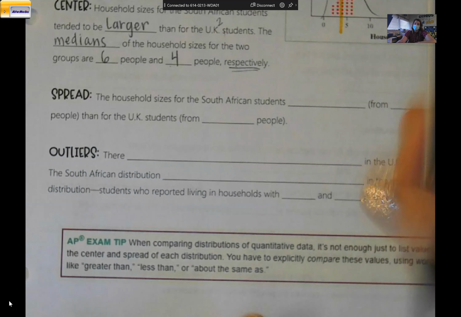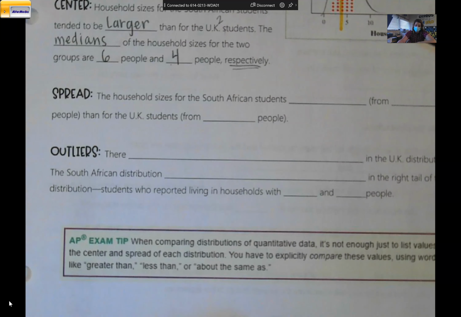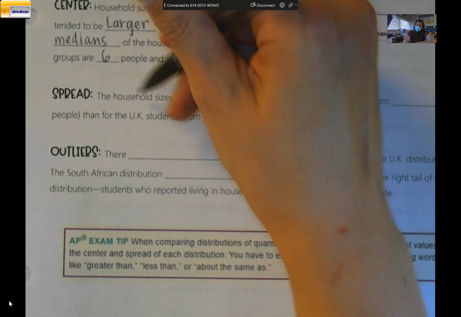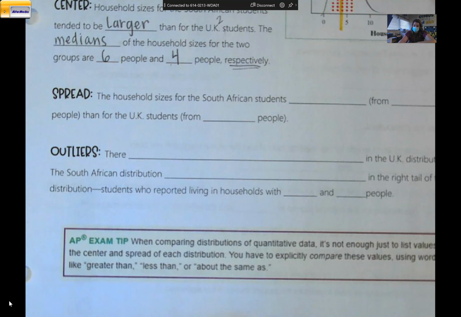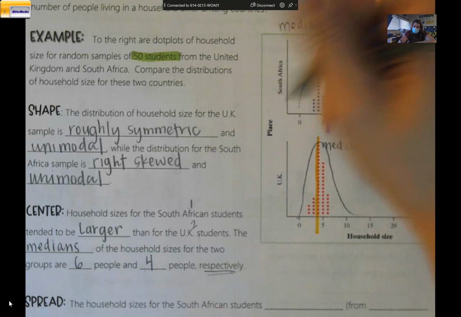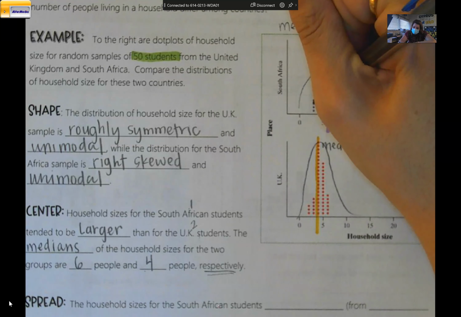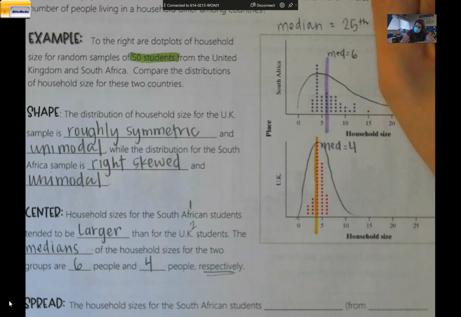And this is from the textbook. So I've pulled this basically from the textbook. So the household sizes for the South African students, well, let's check. The lowest is 3. What was the highest?